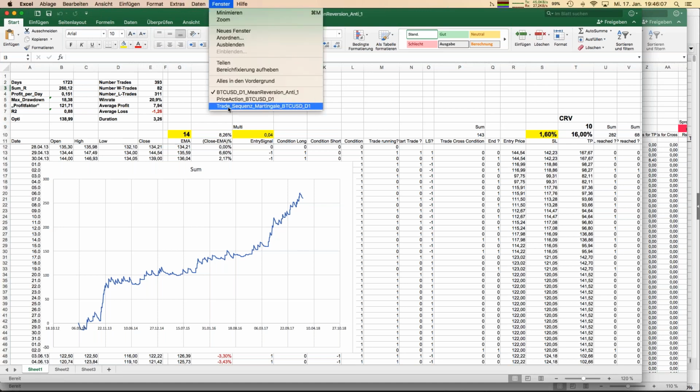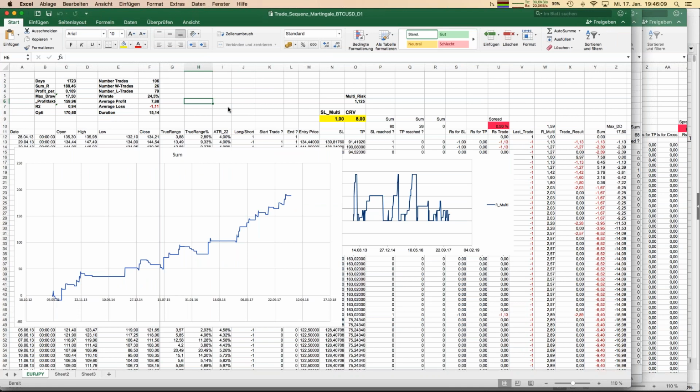Next strategy was this slightly martingale approach. As I mentioned, the higher the risk reward ratio, and that is this CRV, in German Chance-Risiko-Verhältnis, therefore the other letters, in English risk reward ratio.